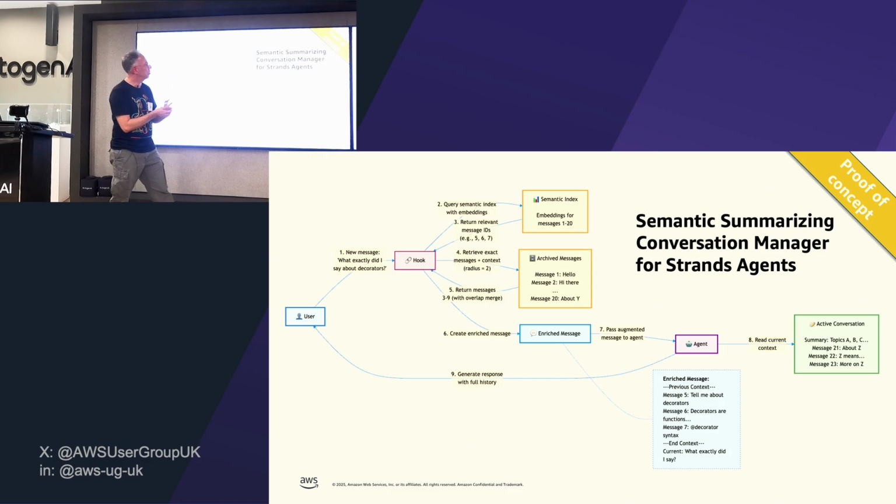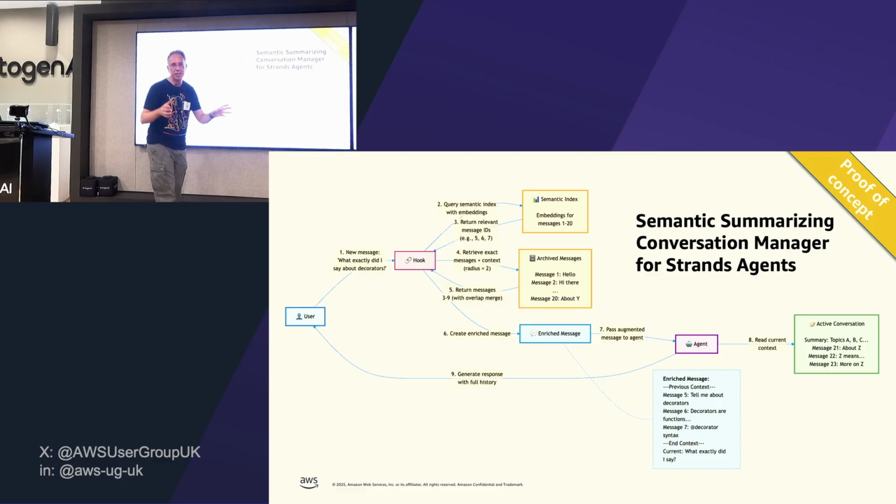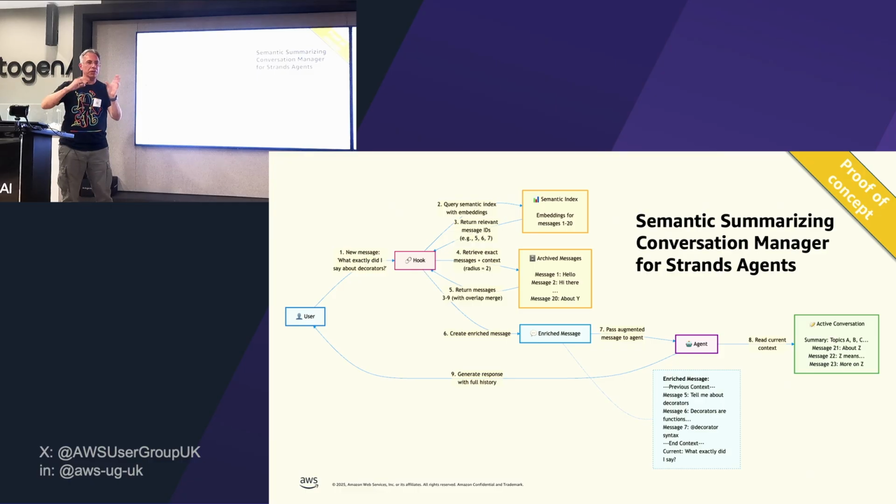So what I did, I took Strands, which has the concept of conversation manager, that is the module that is called when the context fills up, and the conversation manager will use some strategy to reduce the context. Normally summarization, delete the old messages that are lost, and then you have the last 10 messages, for example, and the summary of what happened before, and then you can go on.